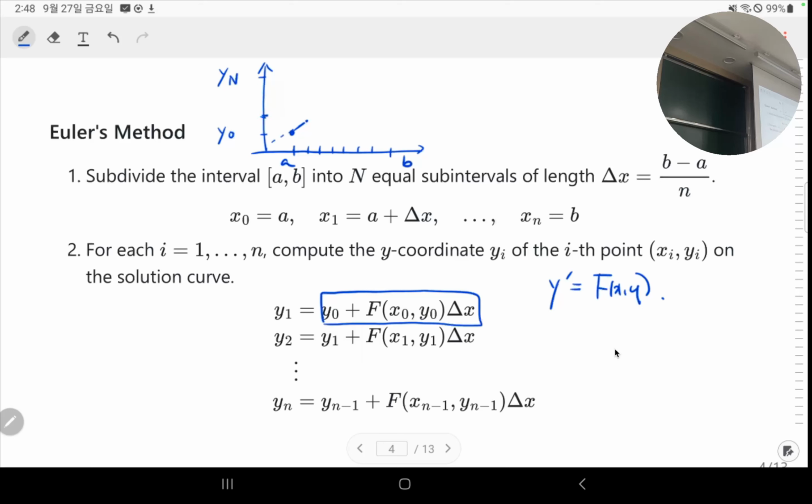So this is going to be y1. At each step I increase the x coordinate by delta x. Delta x is fixed, delta x is constant.